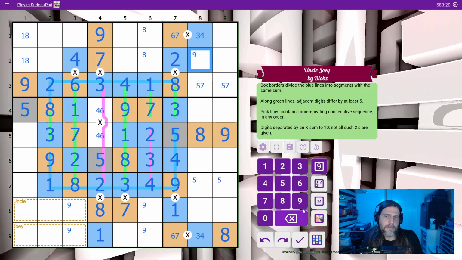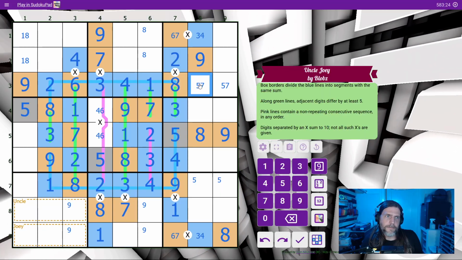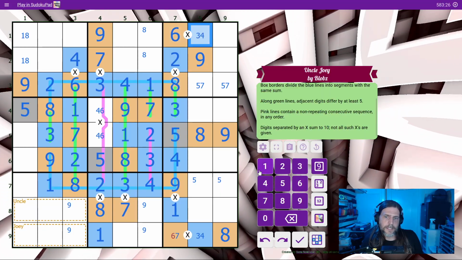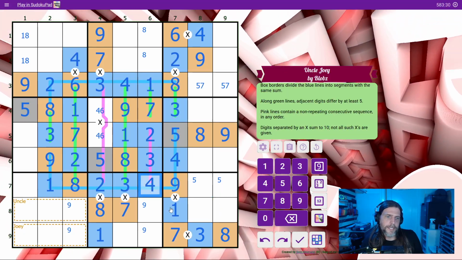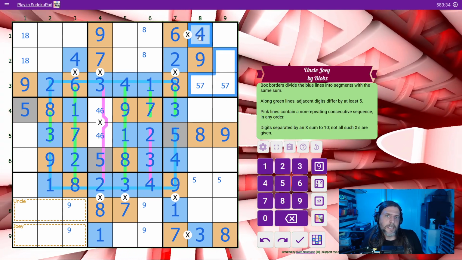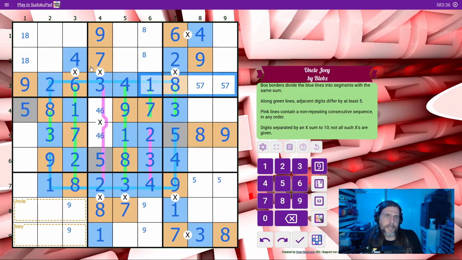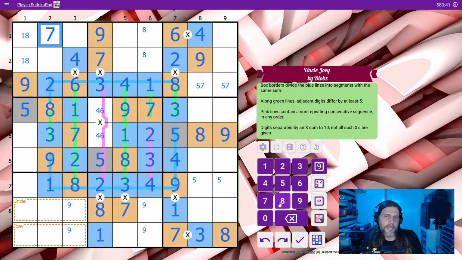That places this 9. The 5, 7 pair makes this a 6, and this a 4, and this a 7, and this a 3. And what else happens? A 7, 7, 7 gets placed.